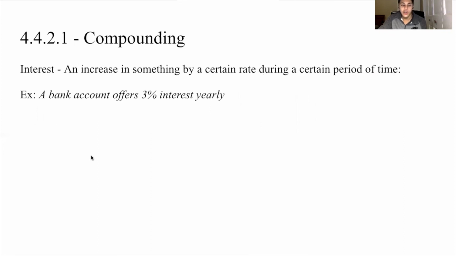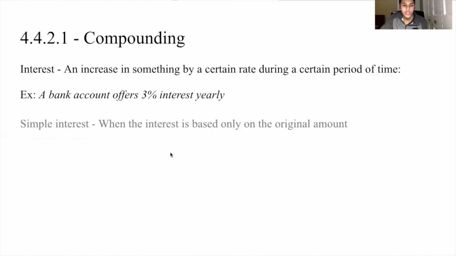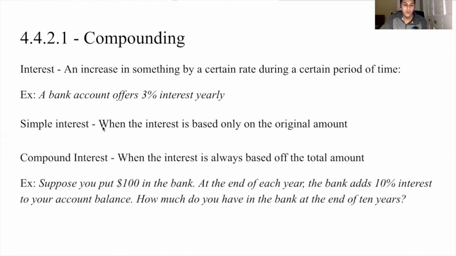And then finally, we talked about compounding, where we started with talking about interest, which is an increase in something by a certain rate during a certain period of time. So if a bank offered 3% interest yearly, they would increase how much you put into the account by 3% every year. And then there are two types of interest: simple and compound interest, where simple interest is only based off the original amount.